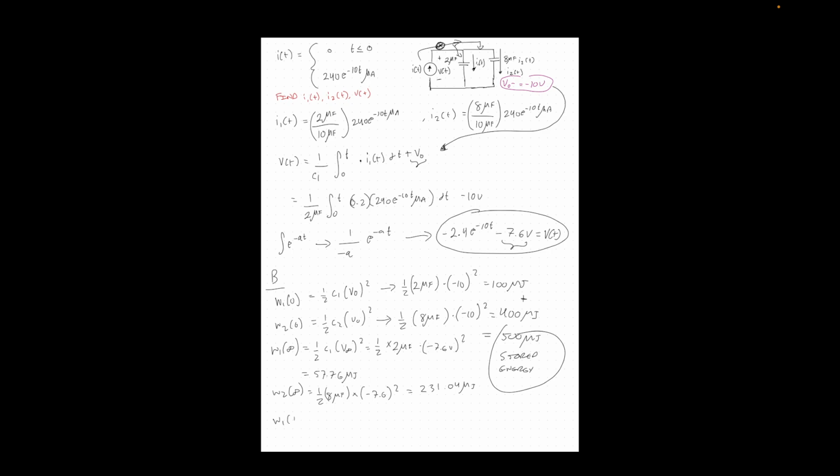So we're going to have W1 of infinity plus W2 of infinity minus W1 of 0 plus W2 of 0, which is going to end up giving me 288, which is this side right here, minus my 500, which is my initially stored, which is going to equal negative 211.2 microjoules.